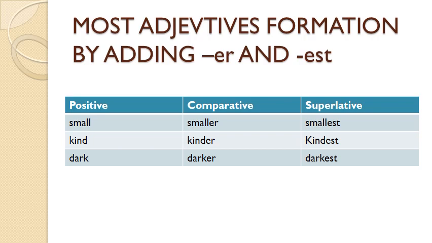Now we are adding er at the end of dark to convert this into a comparative degree, and est to convert it into a superlative degree. One thing we need to remember is that comparative degree is always used when we are comparing two things, and the superlative degree is used when we are comparing more than two.